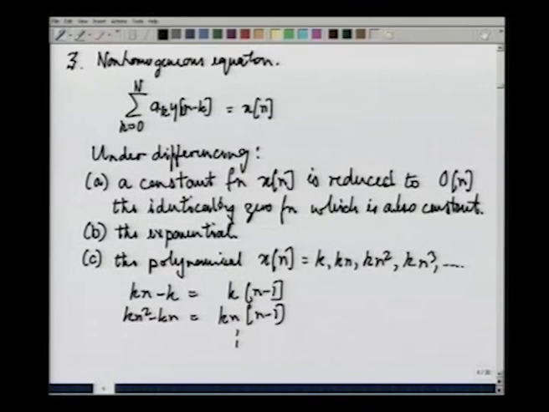So, you get the sequence k times n minus 1, k n n minus 1, k n squared n minus 1 and so on. This is the sequence you will get, which clearly is also a polynomial sequence, because it has factors n, n squared, n cubed and so on.